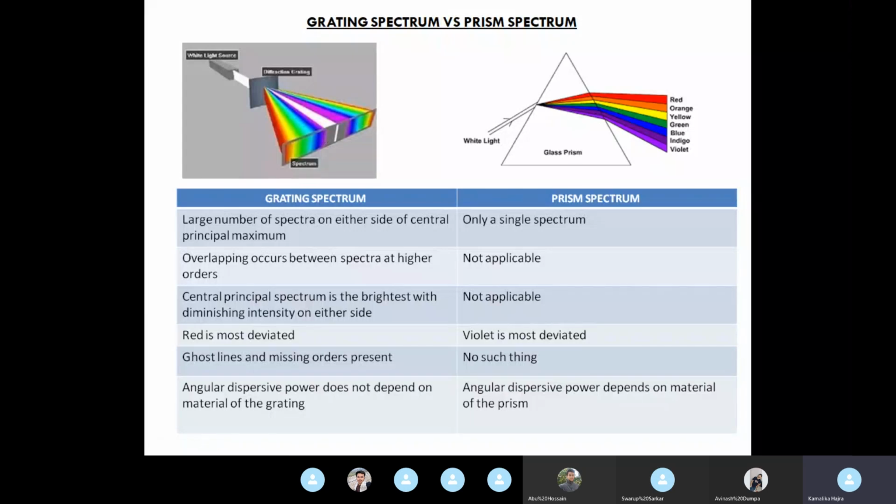Ghost lines and missing orders are present in a grating, no such thing in prism. And angular dispersive power does not depend on the material of the grating, but angular dispersive power depends on the material of the prism.